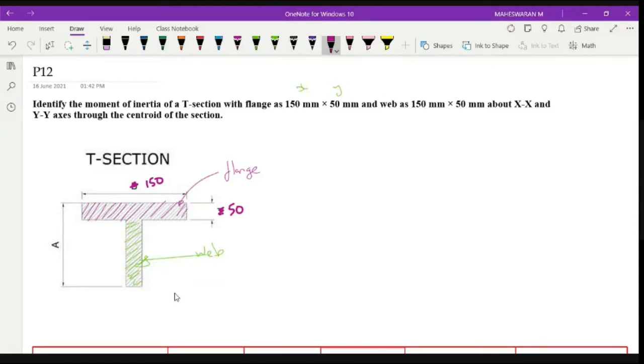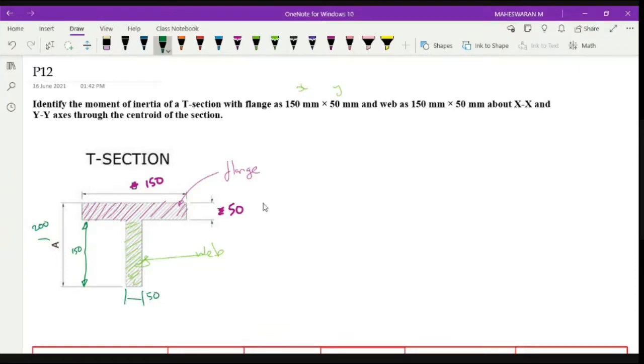Similarly, the web is 150, which means the distance from here to here is 150, so your A will be 200. A is 200, that is 150 plus 50.